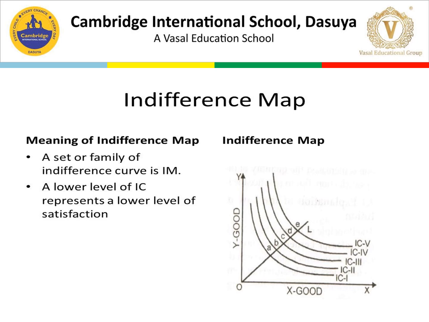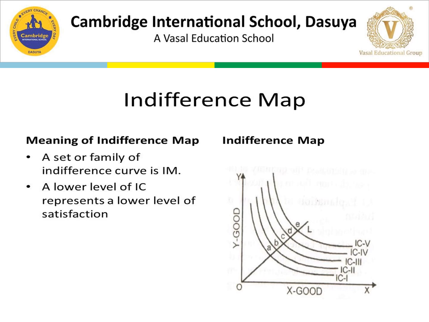One more important concept is that the lower the level of the IC, the lower the level of satisfaction. So a lower IC represents a lower level of satisfaction. I hope this is clear to you.